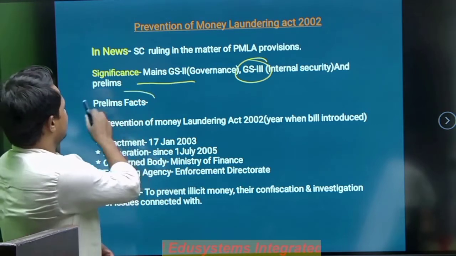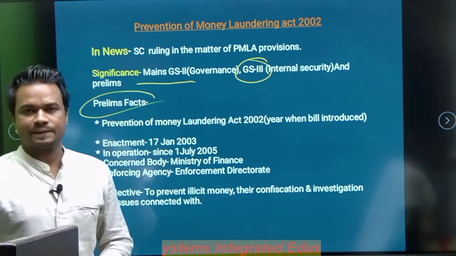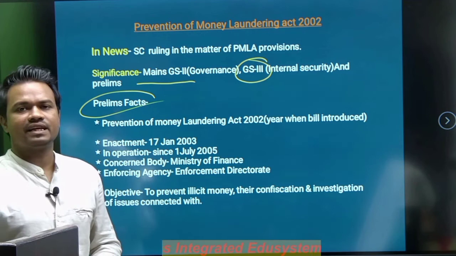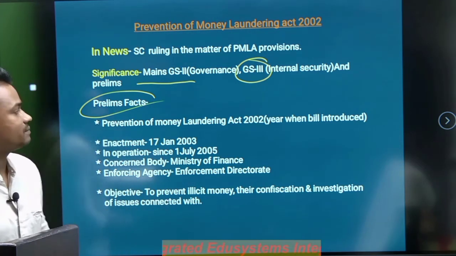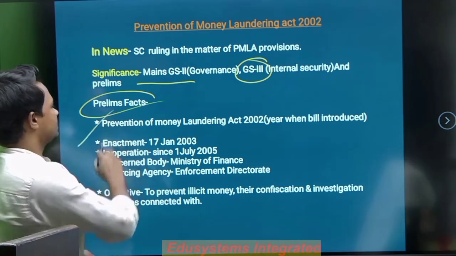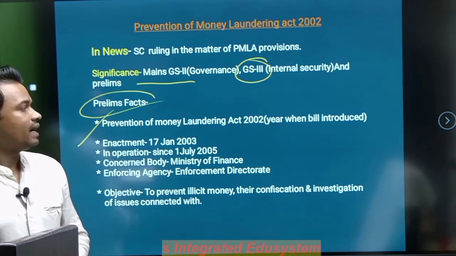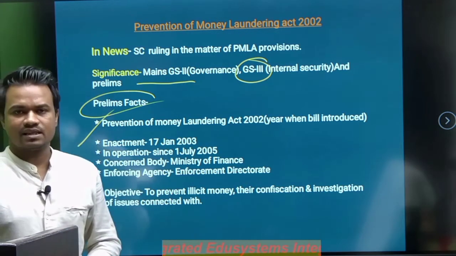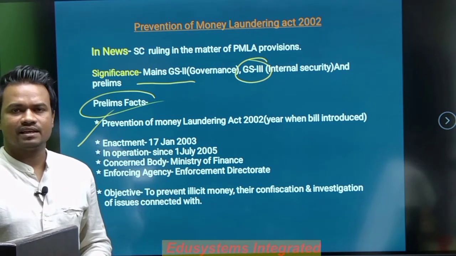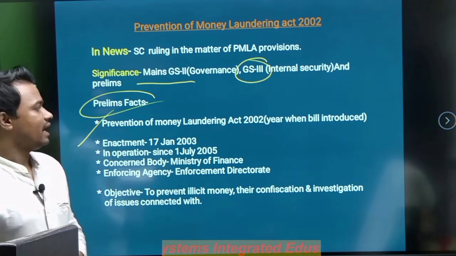If we look at the prelims facts regarding this act, first, the Prevention of Money Laundering Act came in the year 2002 and has been amended various times, recently in 2019.